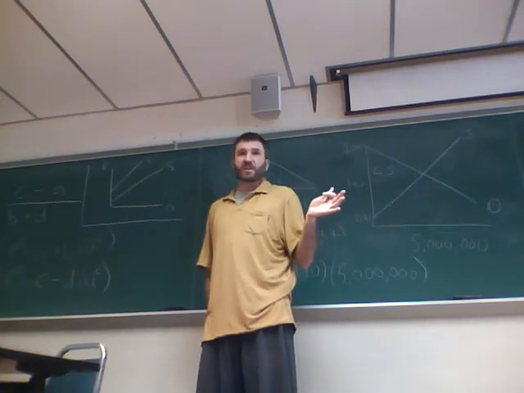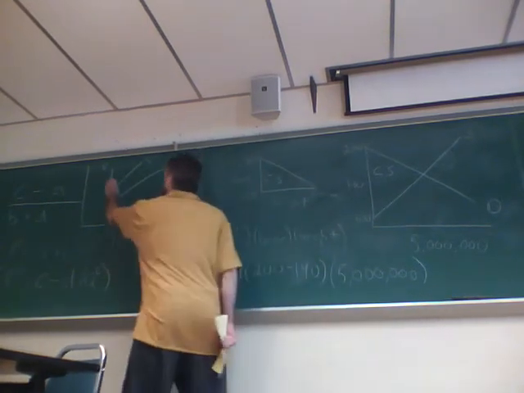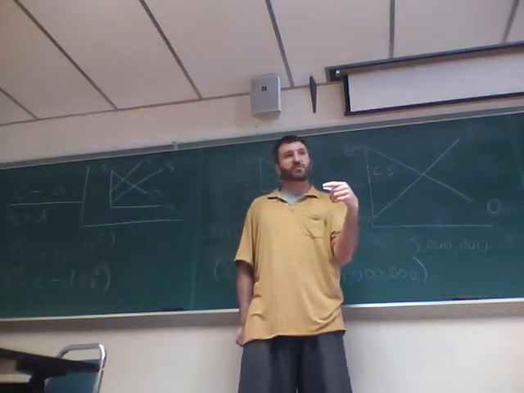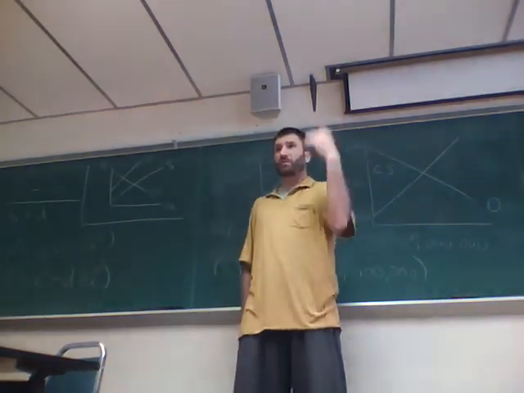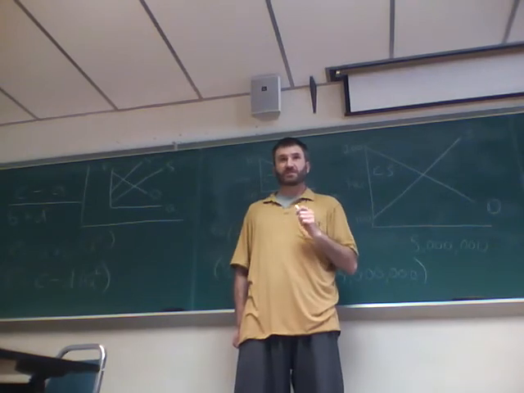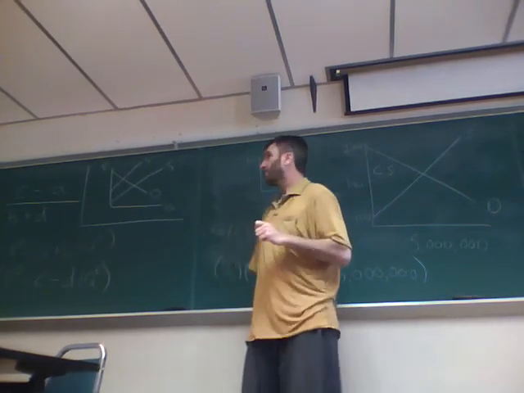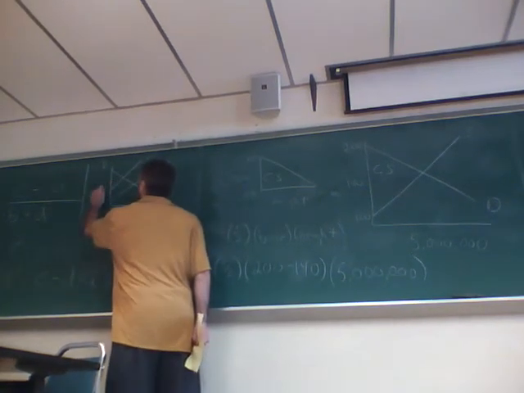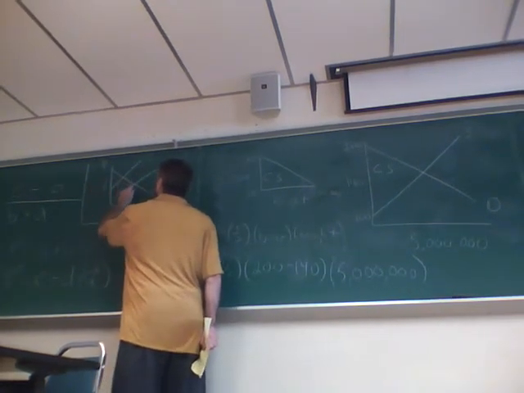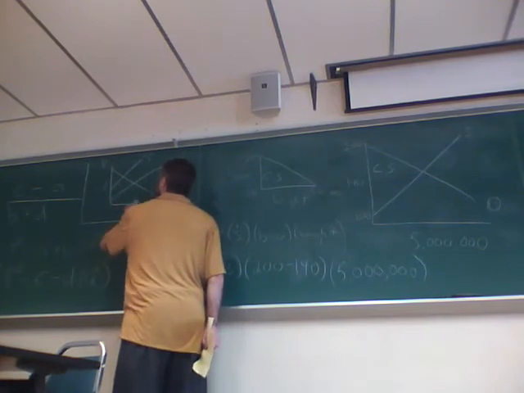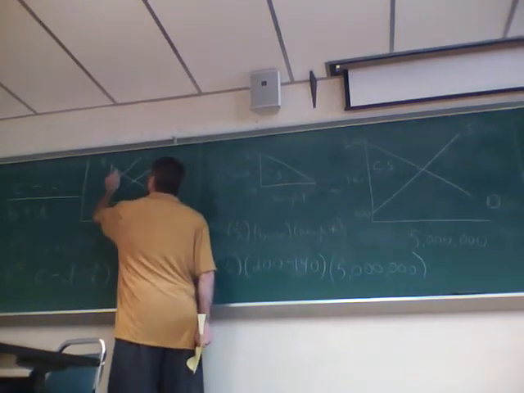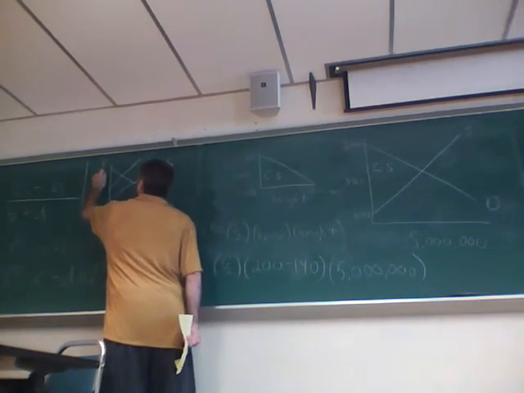I haven't said anything changes with demand, so demand stays exactly the way it was. If I don't tell you consumers value pork more or less, demand doesn't change. This was the old equilibrium price, old equilibrium quantity, new equilibrium quantity, new equilibrium price.